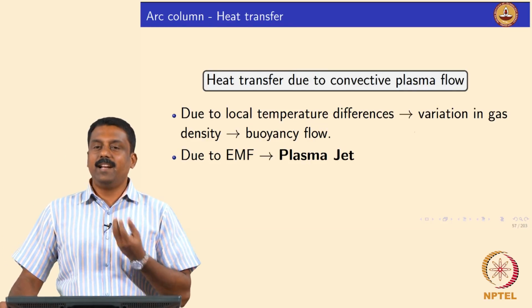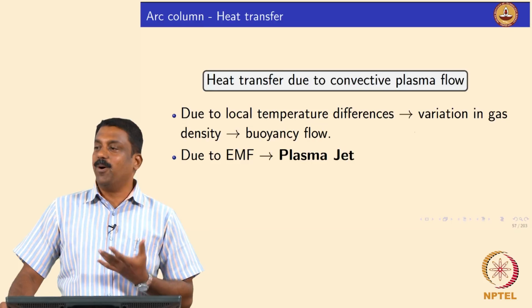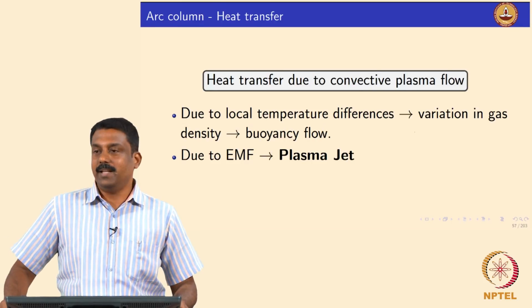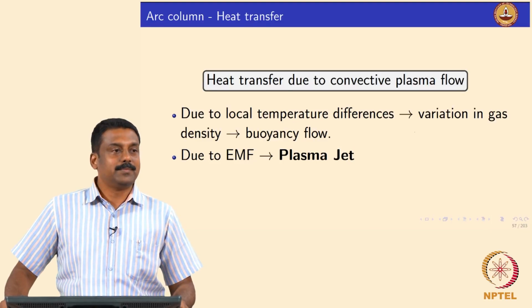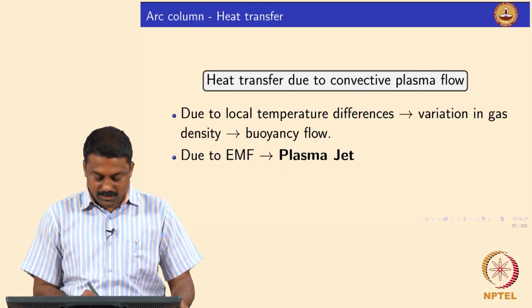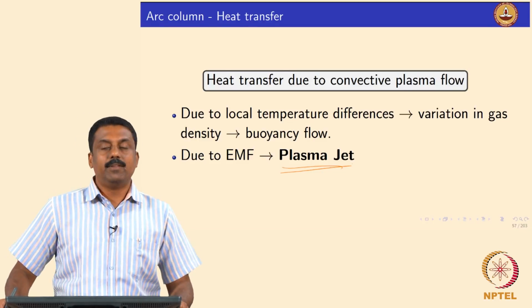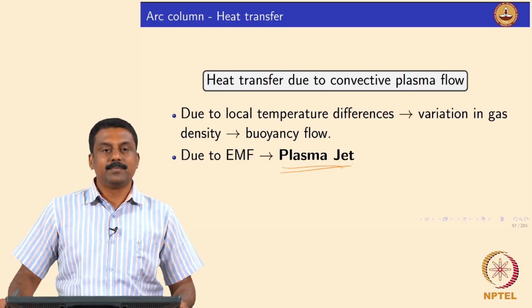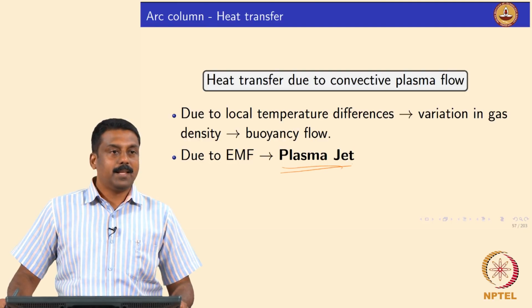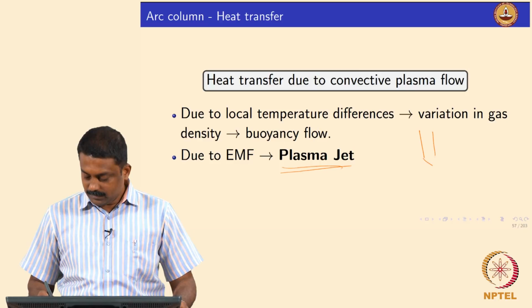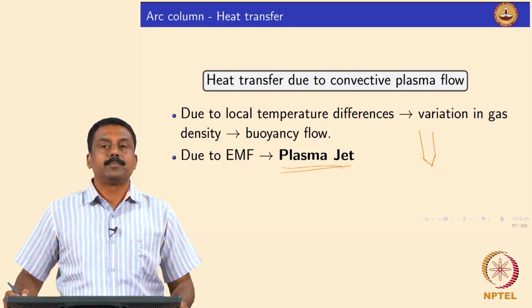But that is slightly negligible compared to the other major force in the arc, that is known as the plasma jet. Okay. The plasma jet can be created with very high velocities. Okay. The principle is very simple. For example, this is your electrode. Okay.